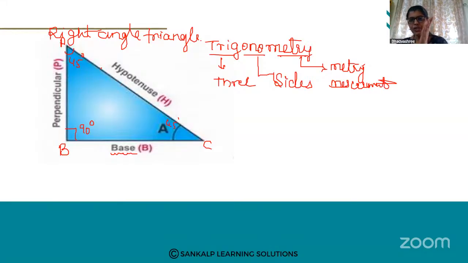The side which is opposite to the 90 degrees is called the hypotenuse. Base, perpendicular and hypotenuse, we should remember these names.